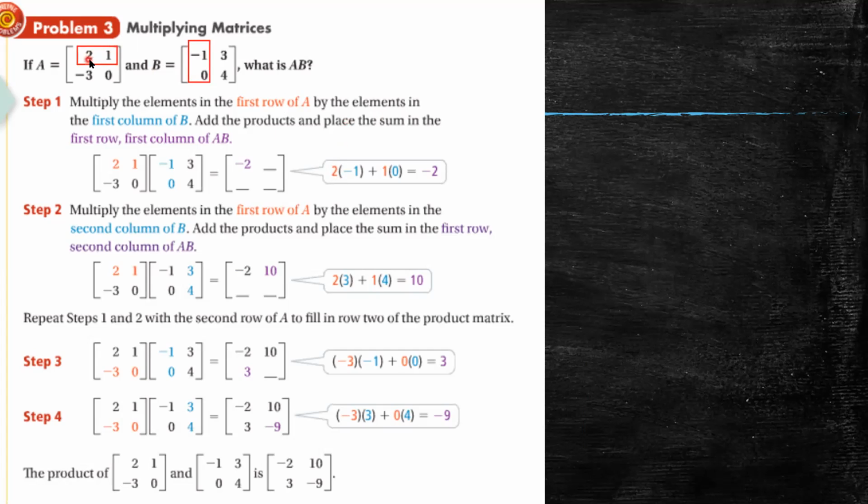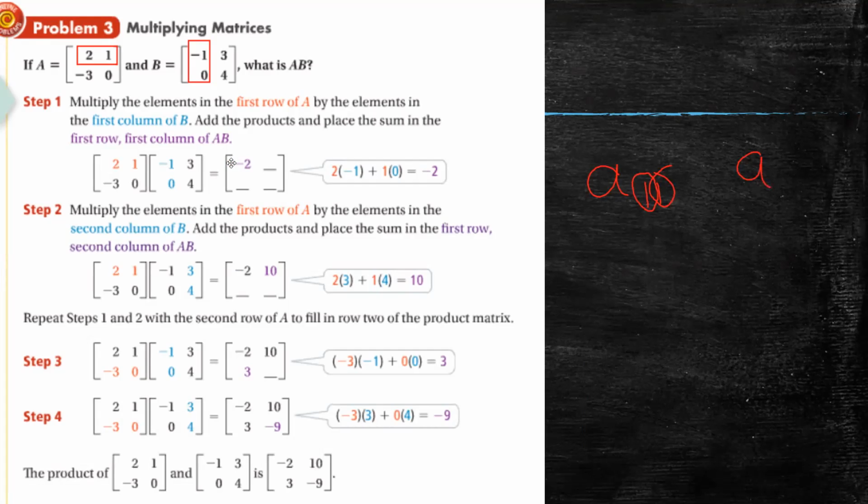Look here, 2 times negative 1 plus 1 times 0, which is equal to negative 2. Then after I find this answer, I will replace it in the first one, which is A. So the new answer, which is A sub 1, 1, that means it comes from multiplying the first row with the first column.